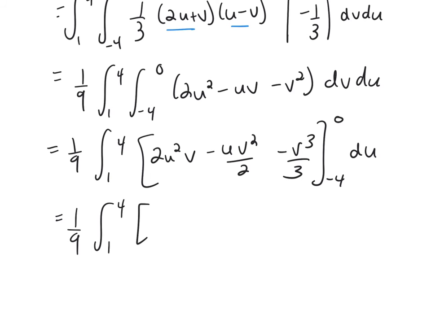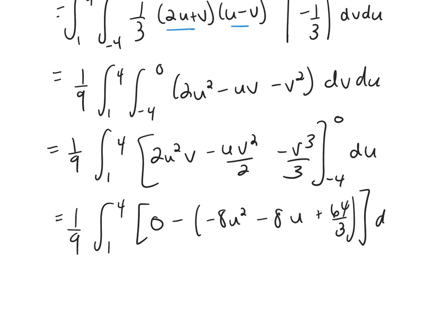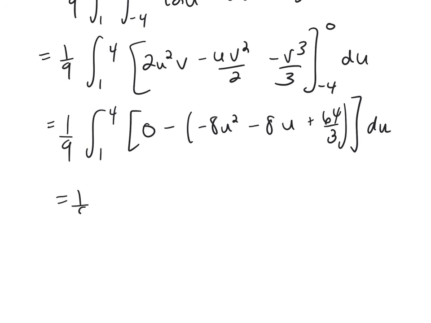So if I plug in 0, they'd all be 0 minus, if I plug in a negative 4, it'd be negative 8u squared minus 8u plus 64 over 3. So we're getting a 1/9 (8u squared plus 8u minus 64 over 3).